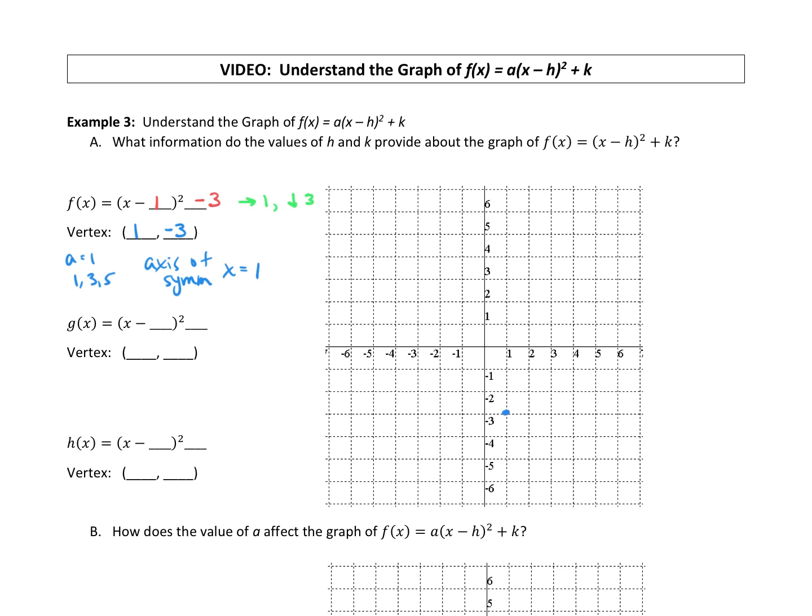And we can do our 1, 3, 5 pattern. So up 1 to the right one, up 3 to the right one, up 5 to the right one. Let's get the points reflected on the other side of our axis of symmetry. We'll draw that in. And then let's go ahead and label which one this is. This is f of x.